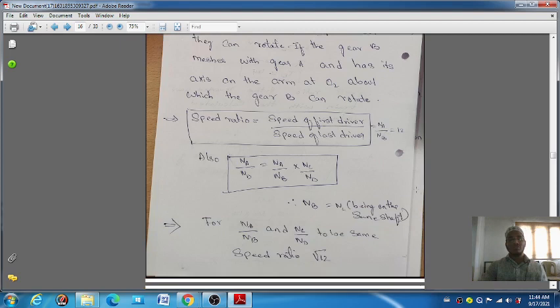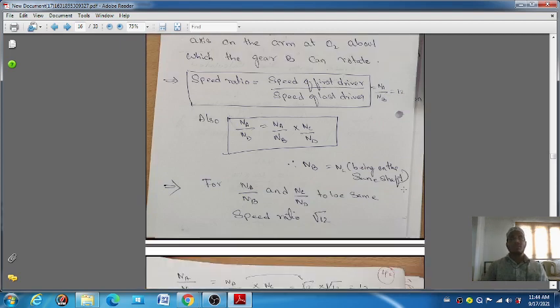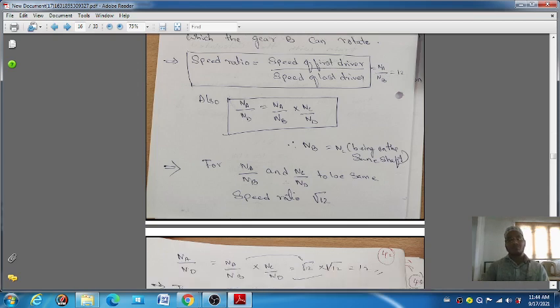Also, the speed ratio, if the question has more than two gears in that epicyclic gear train, Na by Nd is equal to Na by Nb is equal to Nc by Nd. Okay, you have to remember Na by Nb and Nc by Nd are always the same speed ratio, because the initial and the final will be the same.